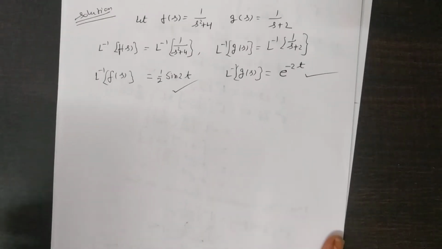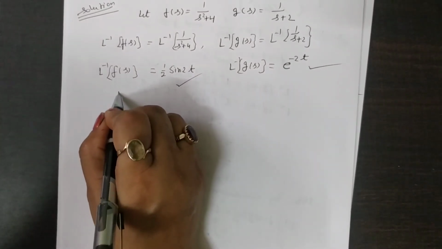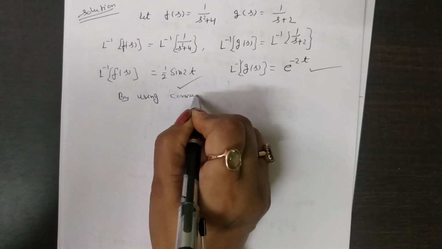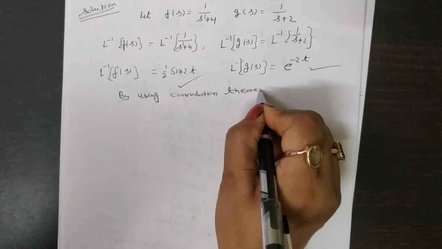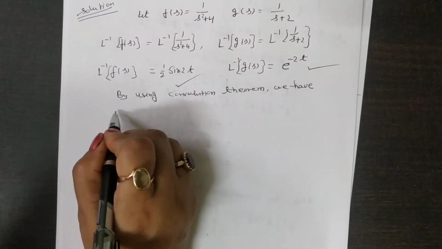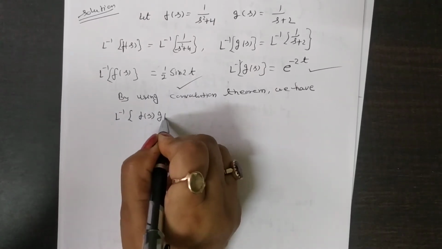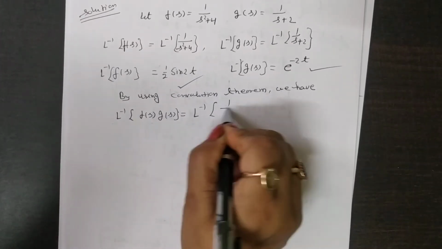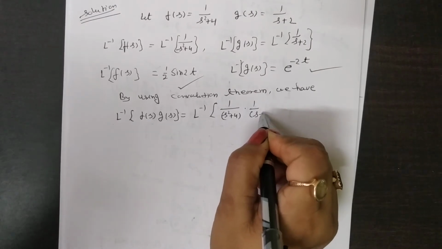Here, by using the convolution theorem, we have Laplace inverse of F of s G of s, which is equal to Laplace inverse of 1 by s square plus 4 times 1 by s plus 2.